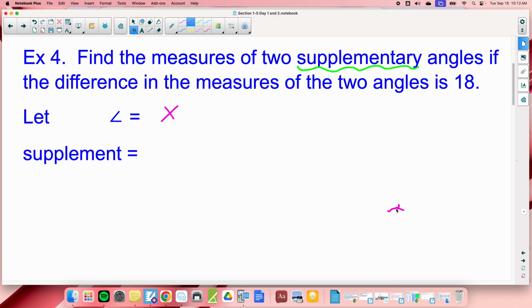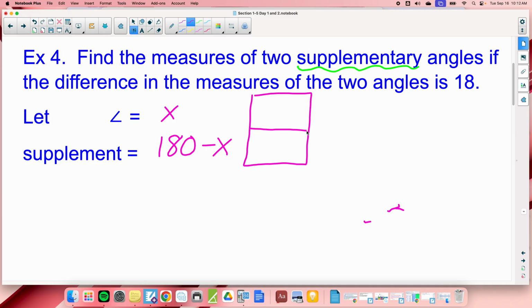We don't know what this is, but together we know they add up to 180. So if one of them is x, the other one is going to be 180 minus x. If they tell you you have complementary angles, one of them would be x and the other one would be 90 minus x. Okay? Now let's make a box here, and that's where we're going to put our answers.